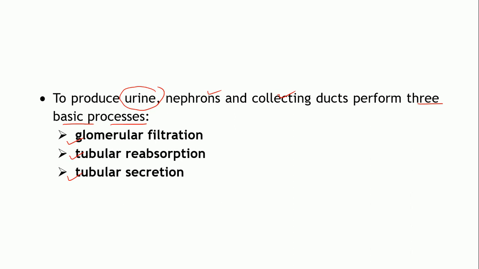So before going into these processes in detail, let us recall what are the different parts of the nephron. So basically the nephron is divided into two parts, that is the renal corpuscle and the renal tubules.